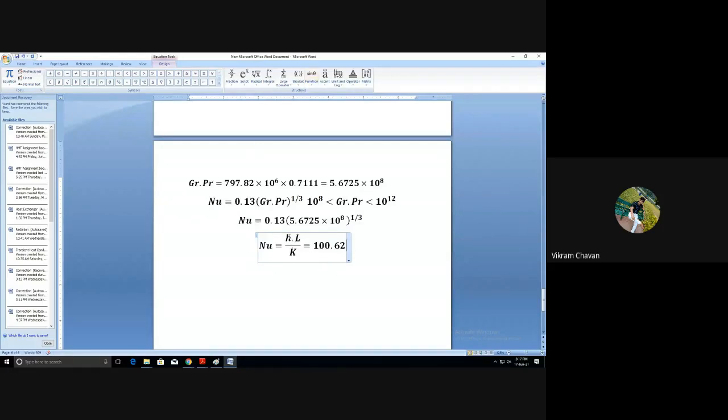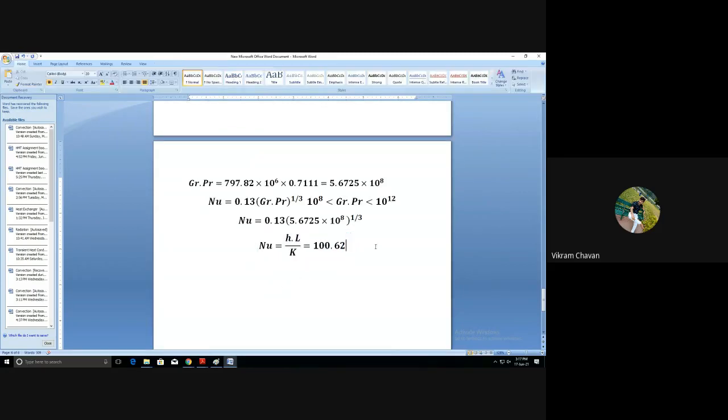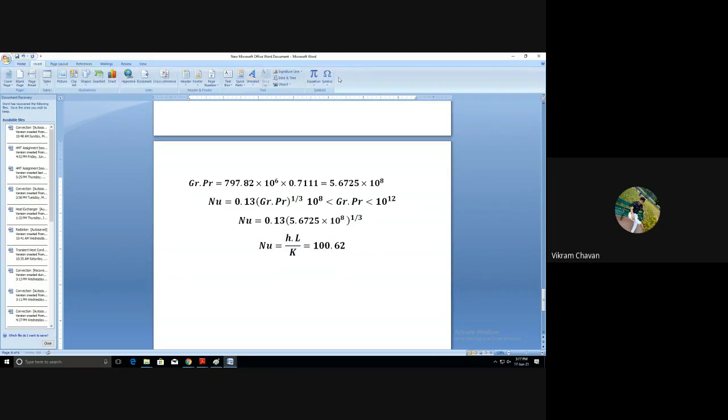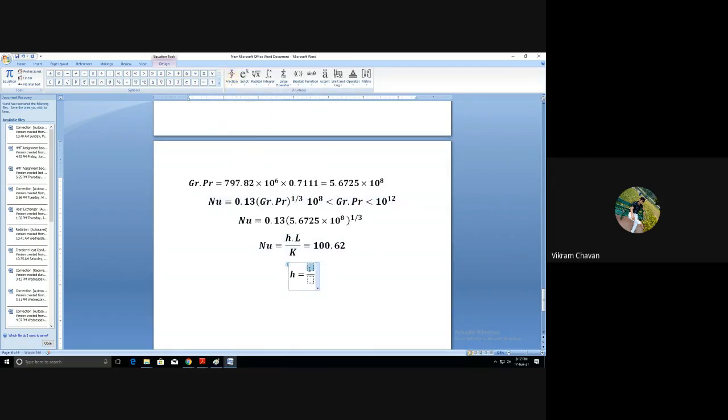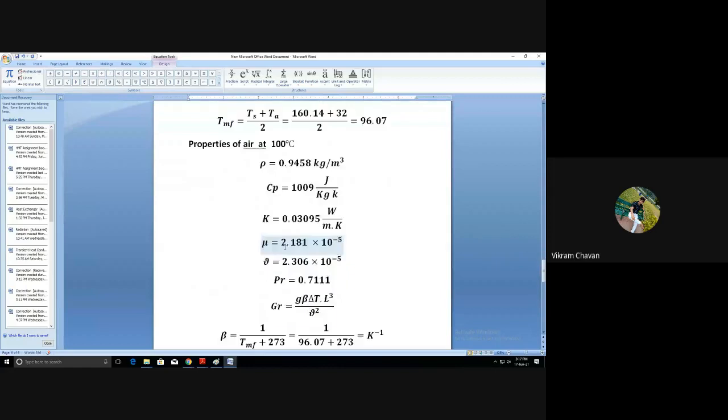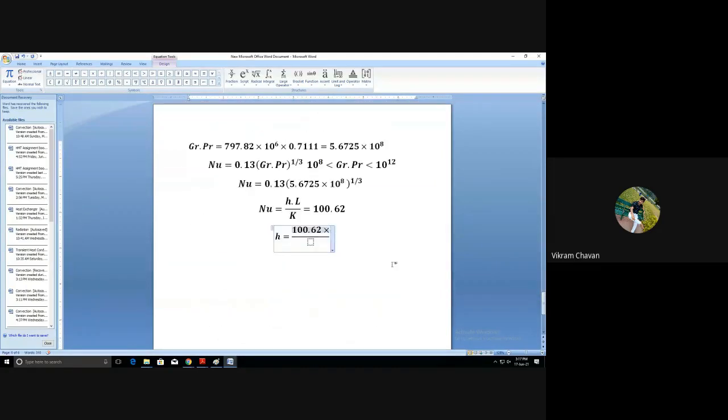Okay, everyone getting this value 100.62. Then calculate the H value now. H is equal to 100.62 multiplied by K. How much K are you getting? Check the property table. The K value is 0.03095, right?